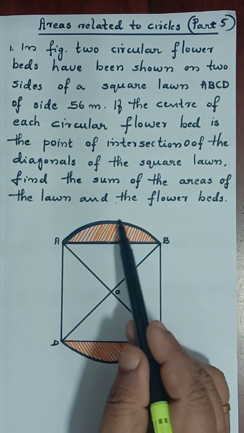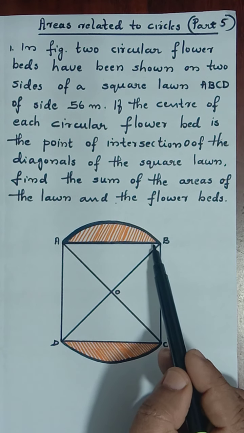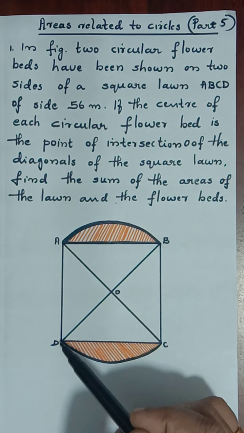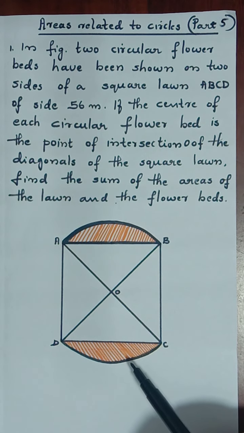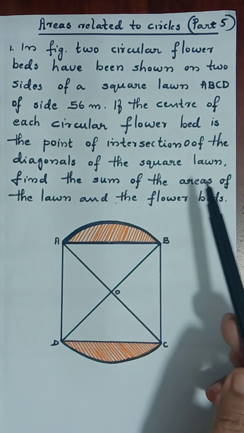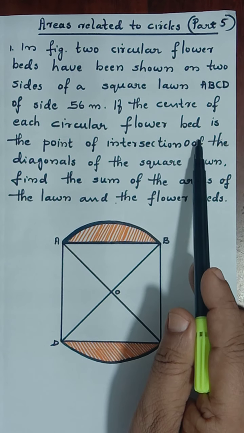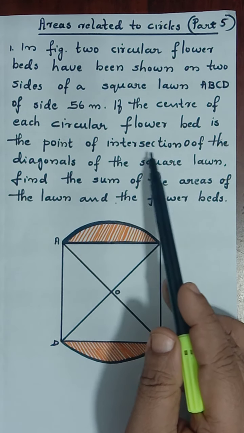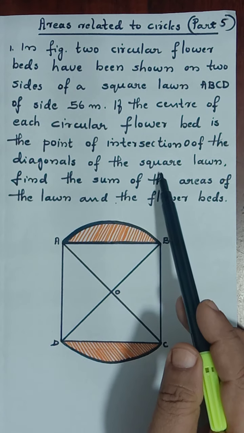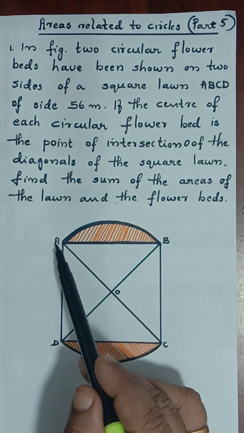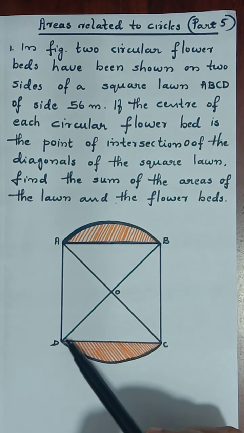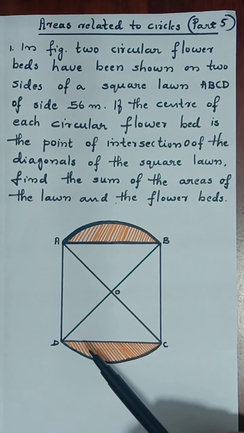So the circular flower bed is a segment, as everybody knows. Here also it's a segment. So these two segments are the circular flower beds. The center of each circular flower bed is the point of intersection of the diagonals of the square lawn. AC and BD are the diagonals of the square lawn.